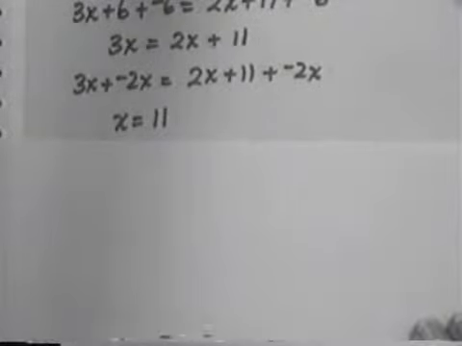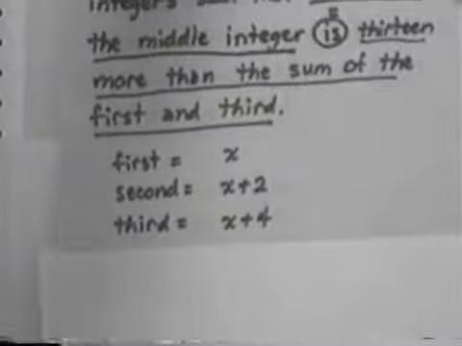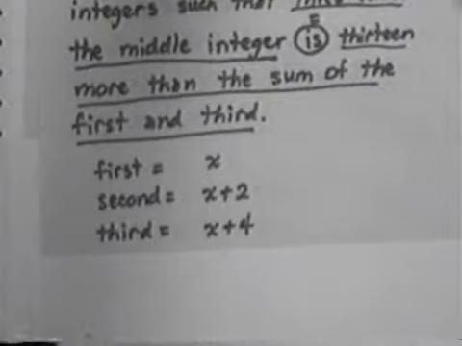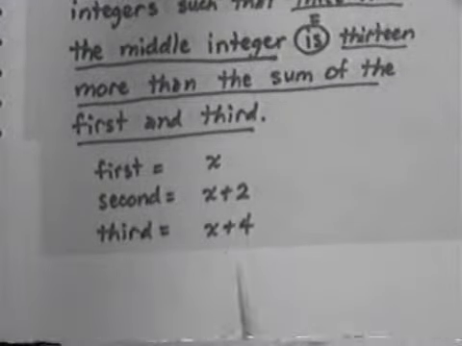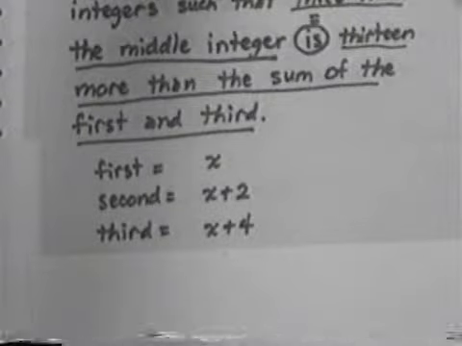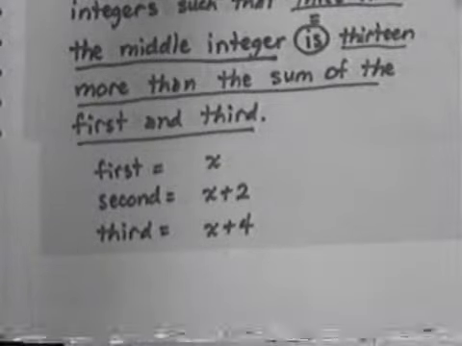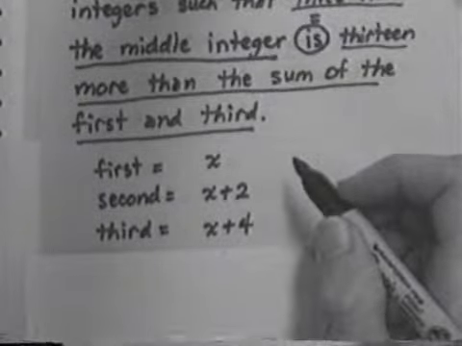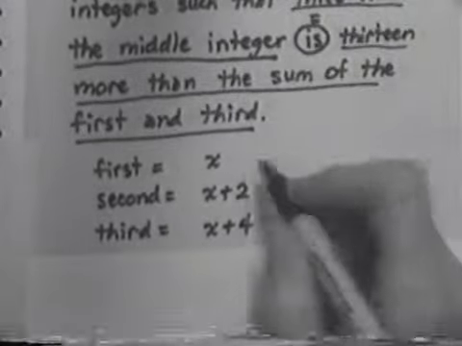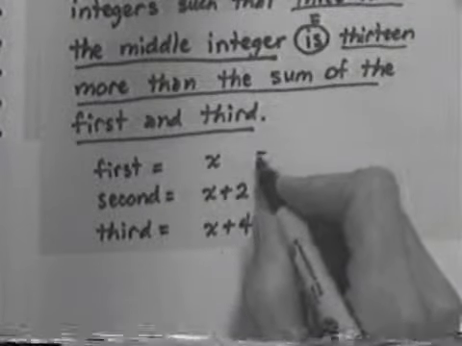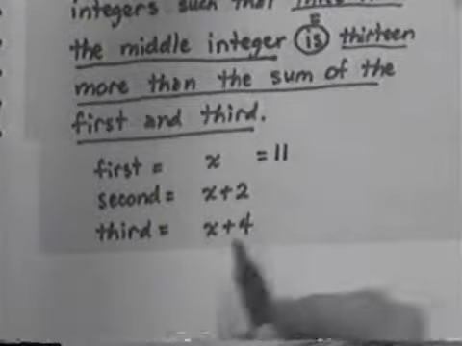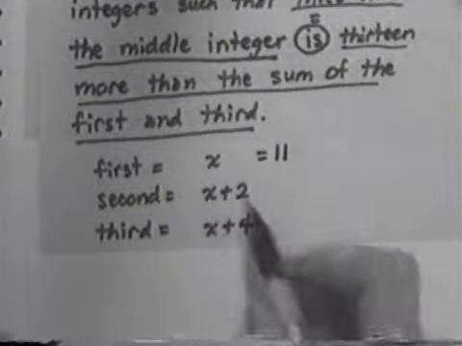But remember that the equation had a first, a second, and a third. Our first integer was x. We just determined that x is 11. The second integer is x plus 2.